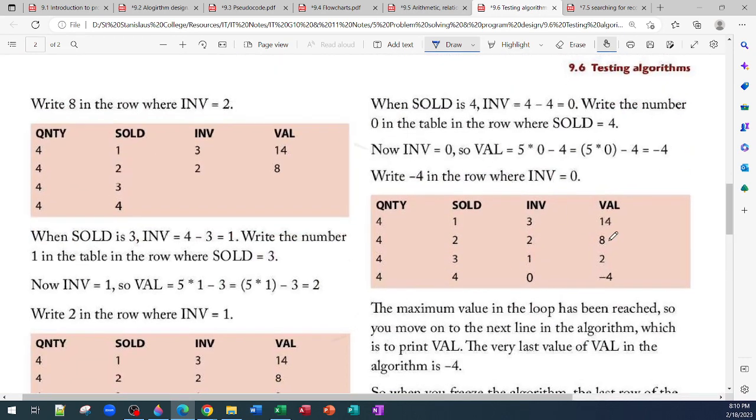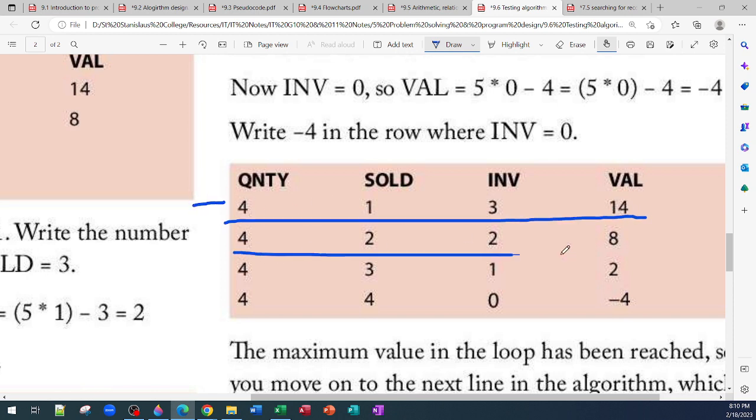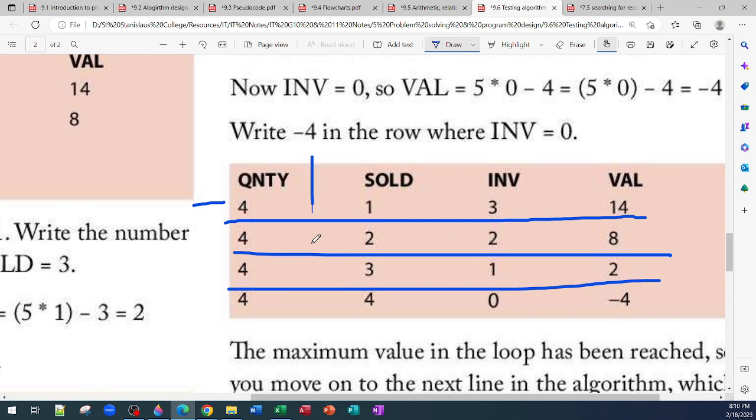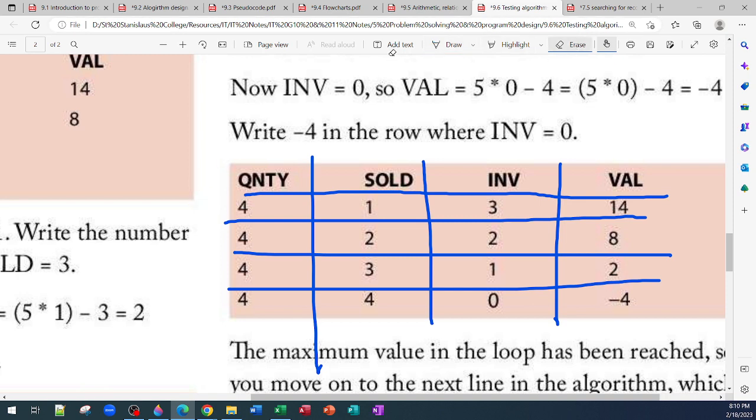So we can look at this last one here. At this stage, we can call it stage 1.